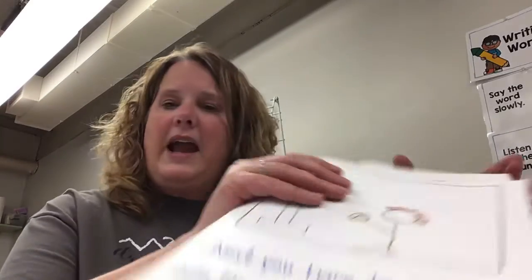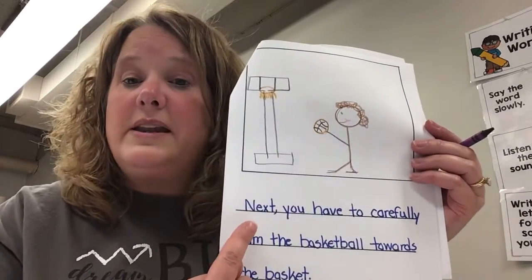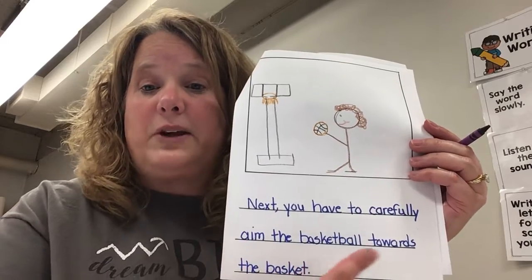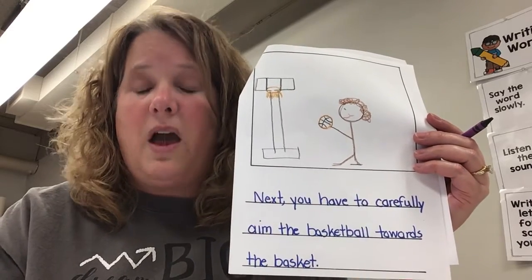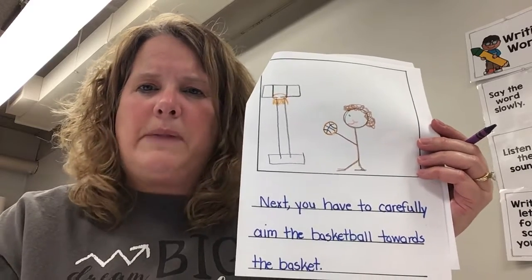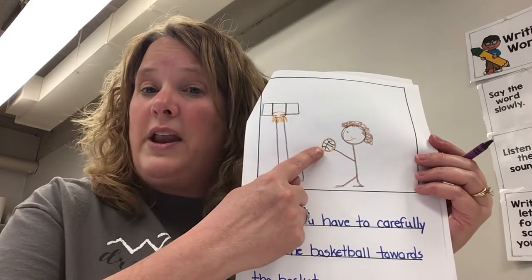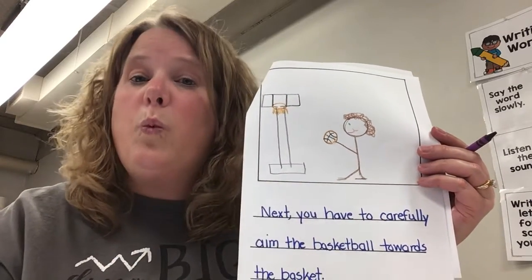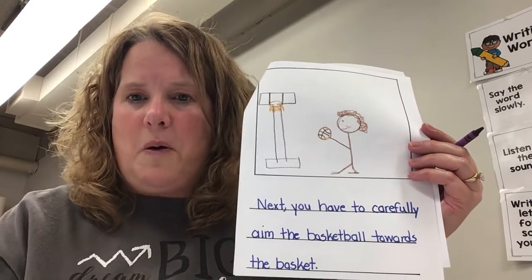So then I got to my next page. Next, you have to carefully aim the basketball toward the basket. Well, then I thought, what if somebody isn't quite sure what that means? I could draw an arrow from the basketball to show where it's trying to go.